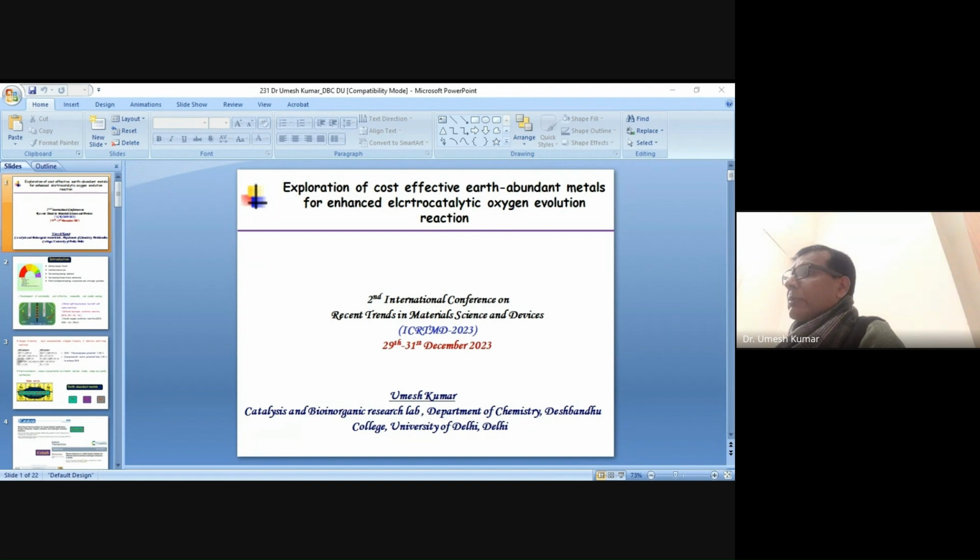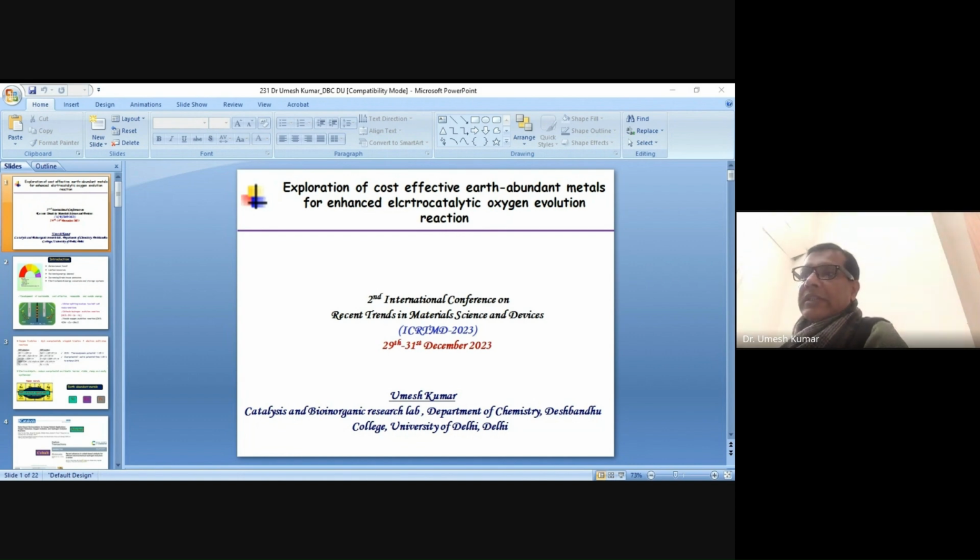Using these fossil fuels also increases greenhouse emissions, which severely affects the environment as well as human health. So we require green energy, and for that we have to develop sustainable, cost-effective, renewable and usable energy.